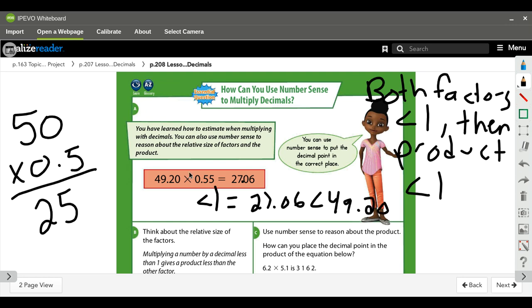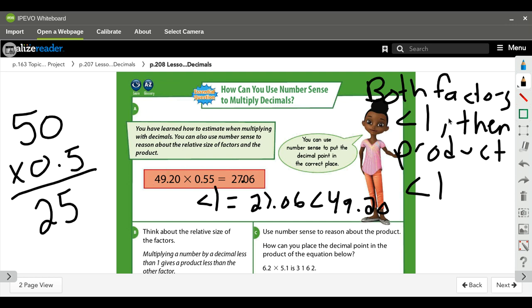So when I have one factor that's less than 1, my product is going to be less than the other factor. Okay, so let me say that again. When I have a factor, in this case 55 hundredths, that is less than 1, my product, or 27 and 6 hundredths, is going to be less than the other factor.